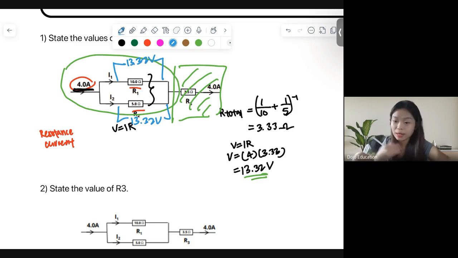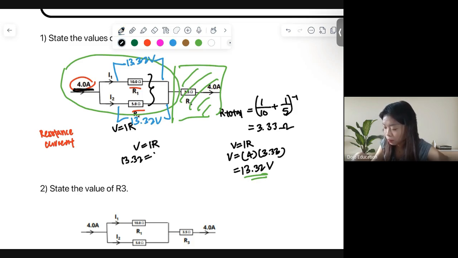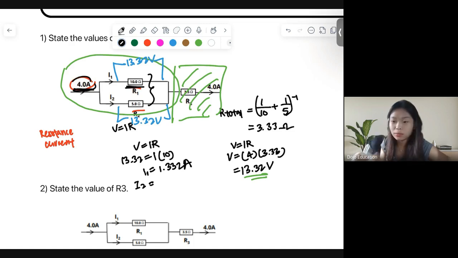Okay, then now I can find the current flowing through, I1 and I2. So V equals IR again. My V is 13.32. My current is unknown. My resistance for this is 10, right? So my I equals 13.32 divided by 10, which is 1.332 ampere. And how much is my I2? This is my I1. My I2 is just, my total current is 4, right?